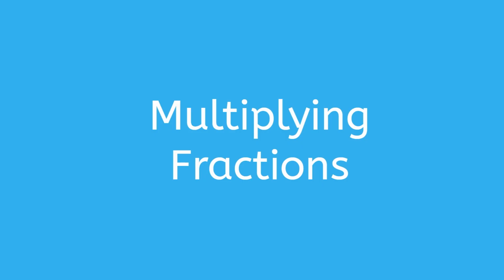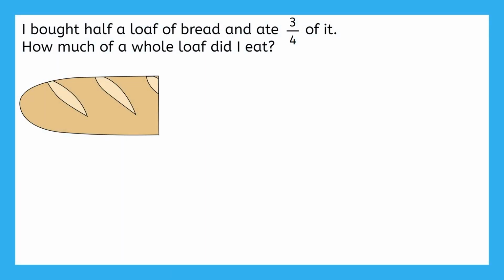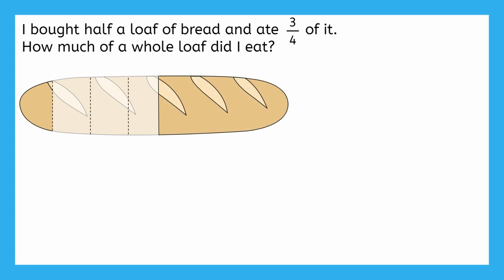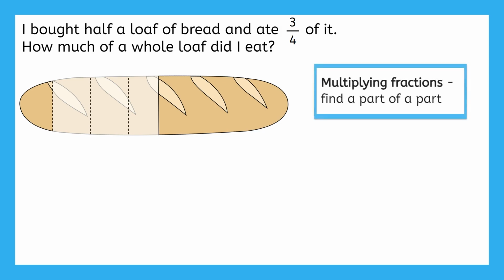Let's begin with a review of multiplying fractions. I bought half a loaf of bread and ate 3/4 of it. How much of a whole loaf did I eat? To find out, we multiply. Multiplying fractions helps us find a part of a part. In this case, 3/4 of 1/2.